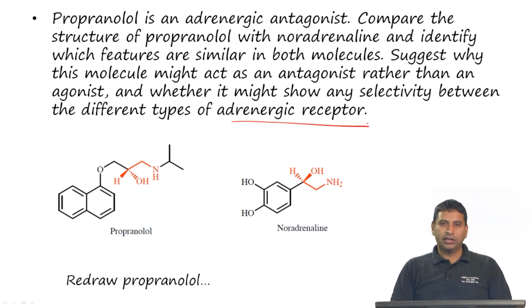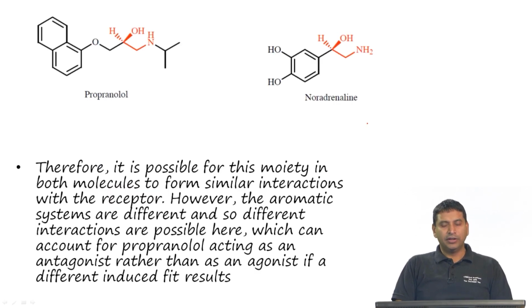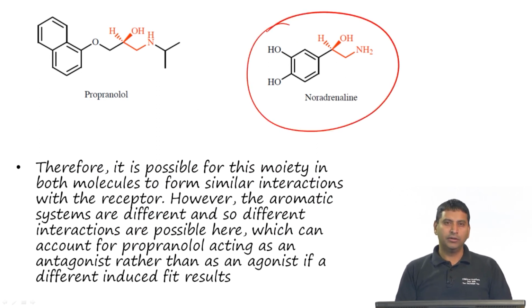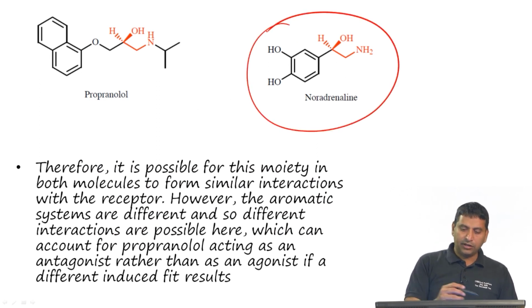So, in order to address this question, first let us redraw propranolol, and if we redraw it in a conformation that is very similar to noradrenaline, we find that there are obviously a number of similarities.